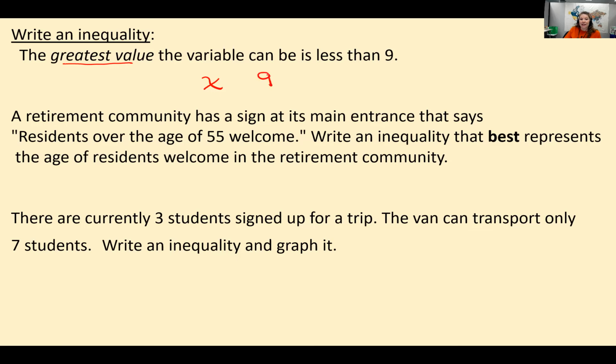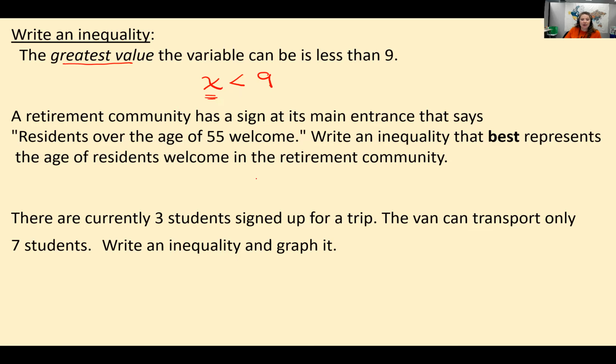So not 9, it's not equal to 9, but it is anything less than 9. Okay, which means x could be 8.5, right? 8.99999. It's not equal to 9, so we're not writing the or equal to sign. Okay, I hope that makes sense.